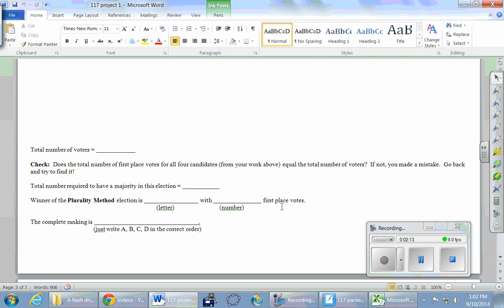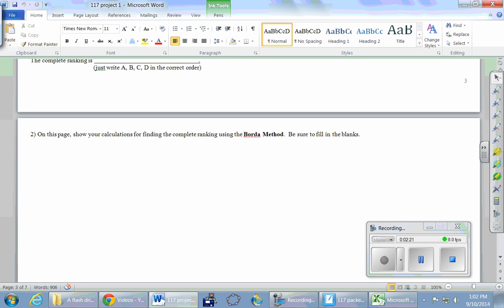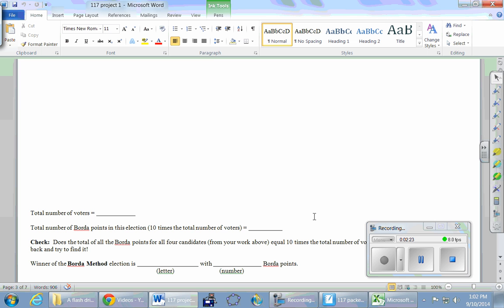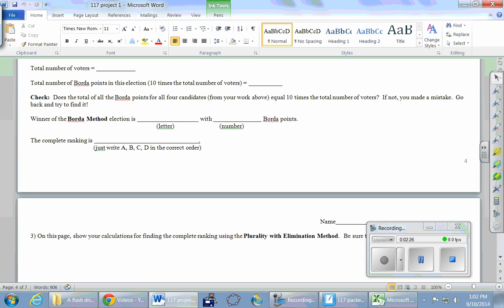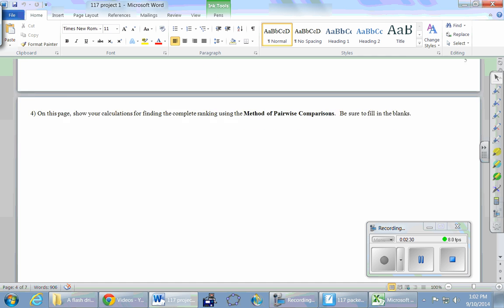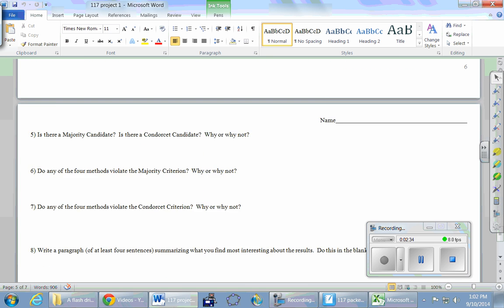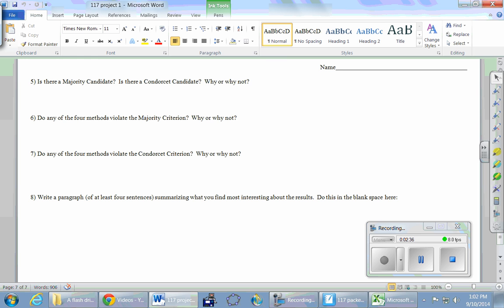Down here, you're going to fill in some blanks and eventually tell me what the complete ranking is for the plurality method. Then on the next page, you're doing the same thing for Borda. The blanks change just a little bit, so read them carefully. Next page is plurality with elimination. And then finally, method of pairwise comparisons. Those are the 4 voting methods we've talked about. We're not talking about any more. So those 4, all right?